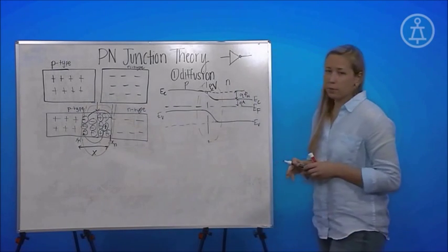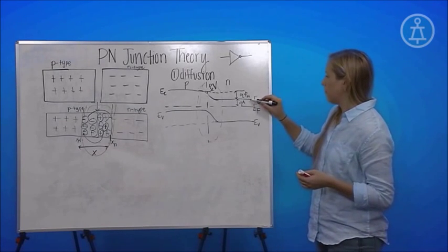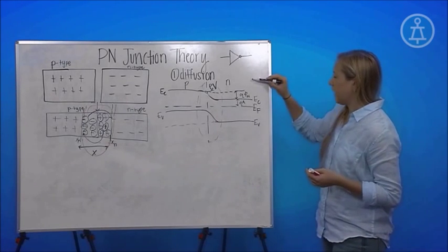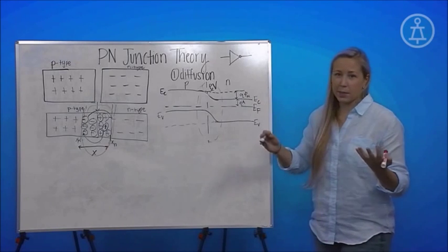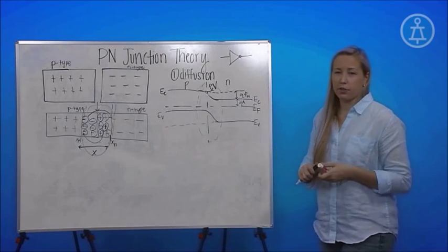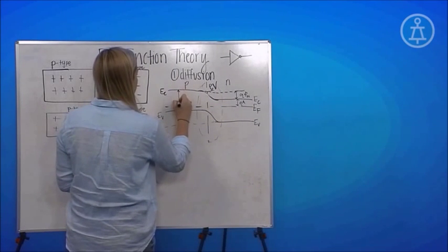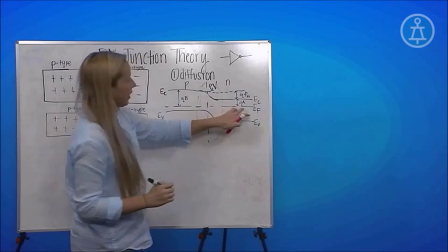And so just arbitrarily for math's sake, we're going to say that the potential difference from the conduction band to the Fermi level in the N region is quantified by QA, A being some arbitrary potential that we don't know. And likewise over here, but you'll notice that B is much greater than A.